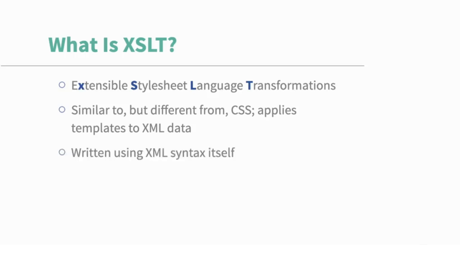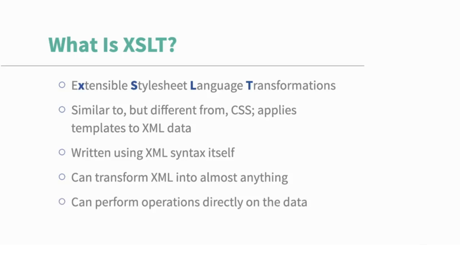XSLT is also written in XML syntax, so when you look at an XSLT style sheet, it's written using XML code, whereas CSS is written using its own unique format. XSLT is pretty powerful. It can transform XML data into almost anything else, such as another form of XML, or PDF, or Word, or even HTML.